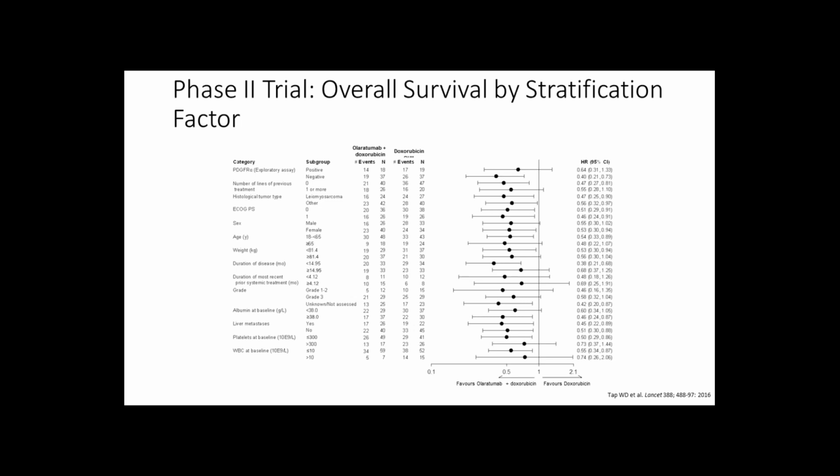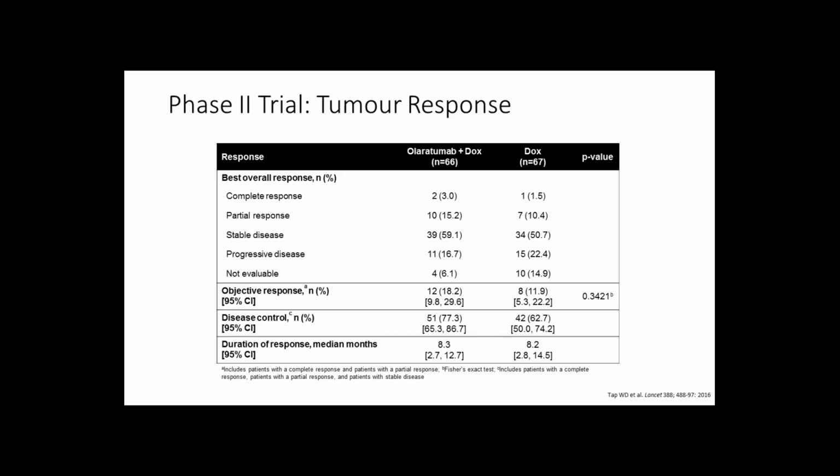In terms of response rate or tumor shrinkage on the trial, the objective response rate in the combination of olaratumab and doxorubicin arm was just over 18%, compared to about 12% in the single agent doxorubicin arm. Although this was numerically higher, it didn't meet statistical significance.